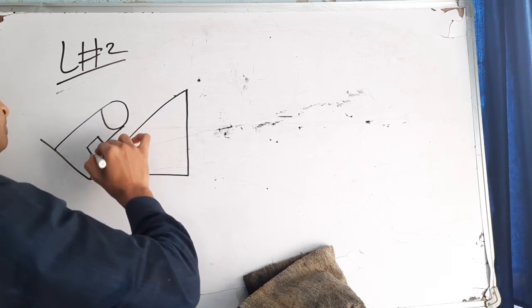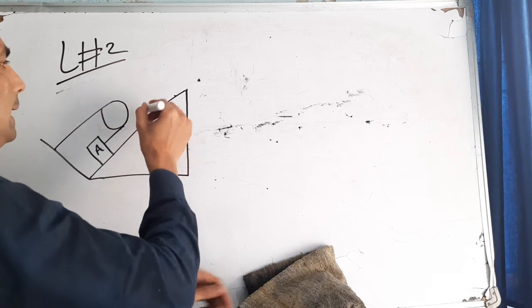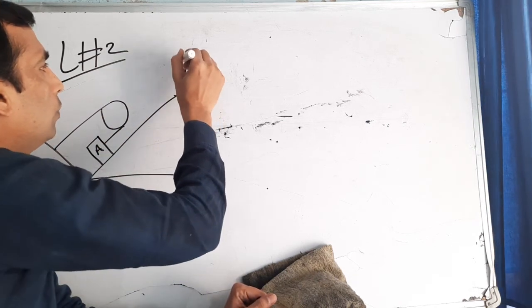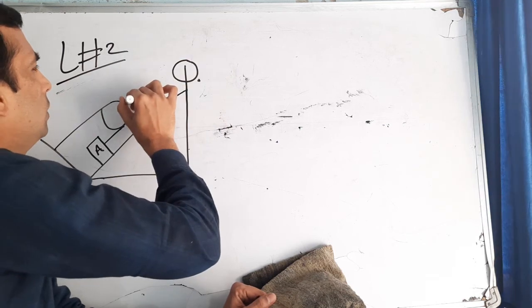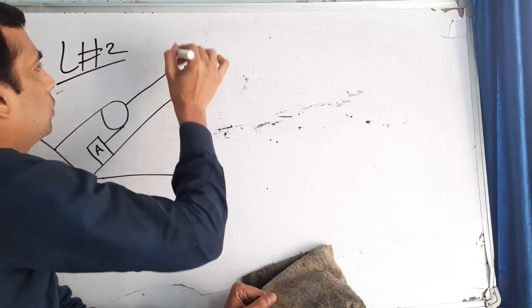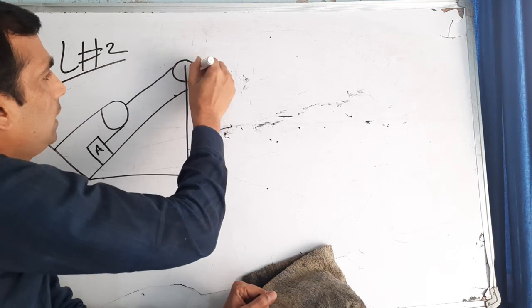Right students? This is block A, which is connected through a pulley, right?